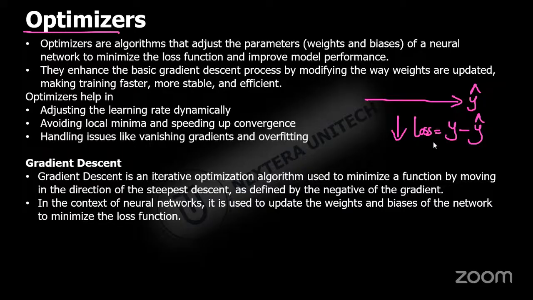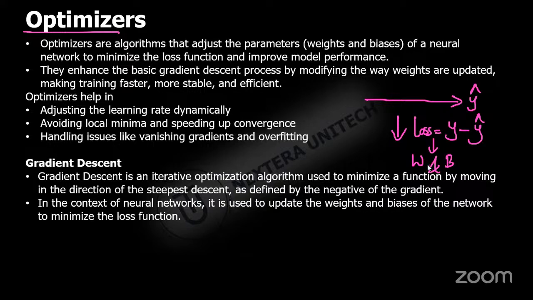In order to minimize this loss, the weights and bias have to be updated. Why? Because these weights and bias got initialized randomly. So when I update the weights and bias that got initialized randomly, the loss gets reduced.